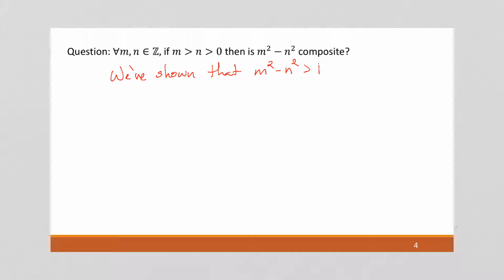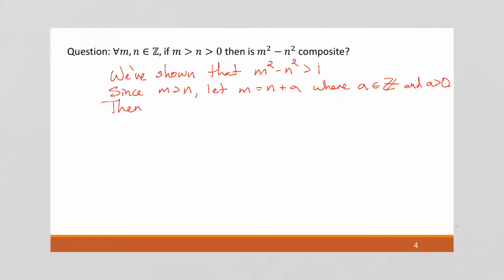So we've already been part of the way. So since m is greater than n, I'm going to let m equal n plus a. So we've already done this, where a is an integer and a is greater than 0. So what does this mean? Let's take a look at m squared minus n squared again.